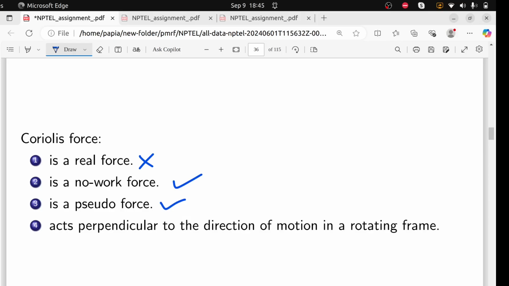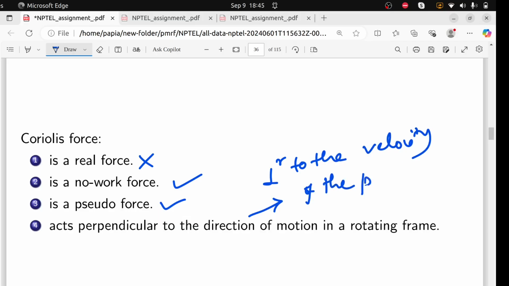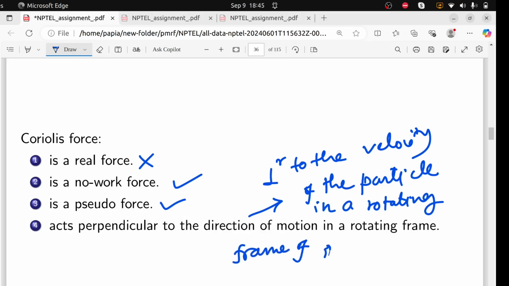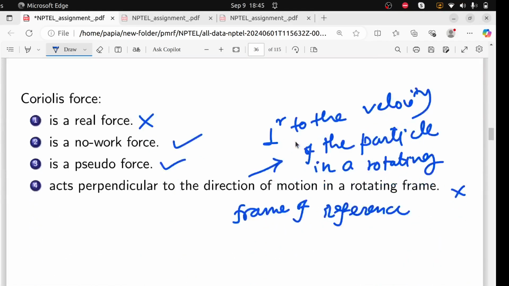No, not direction of motion. Acts perpendicular to the velocity of the particle in a rotating frame of reference. So this is not correct.